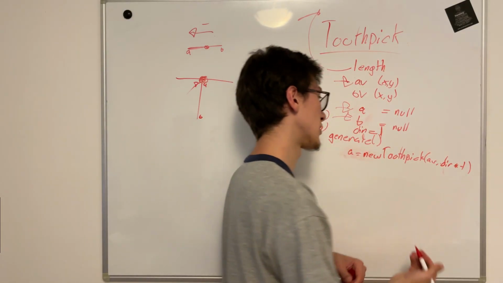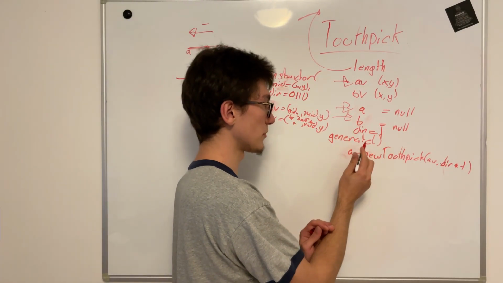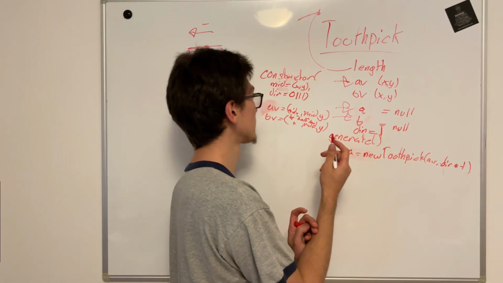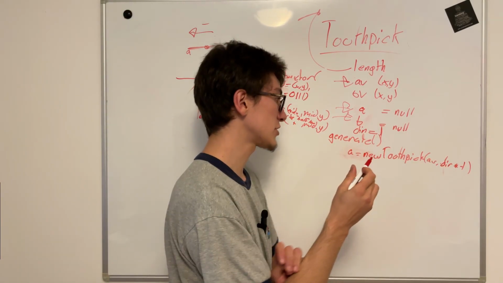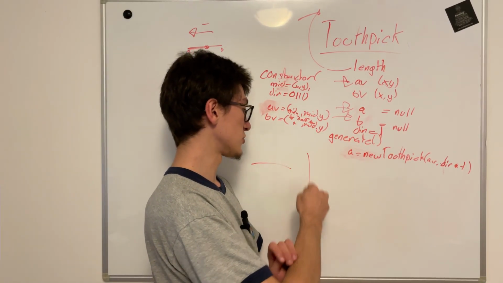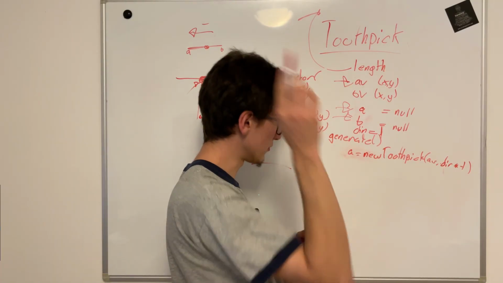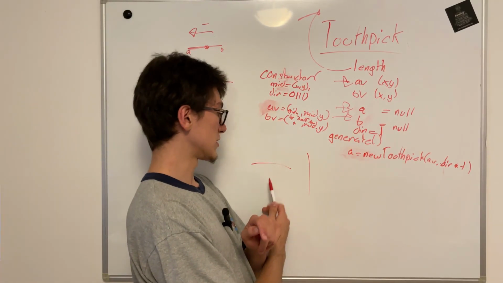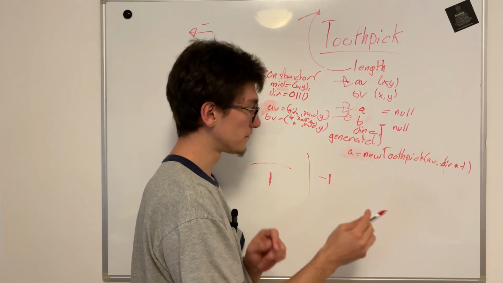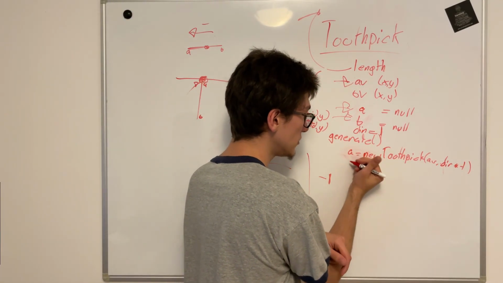So it would invert the direction. So direction is a good name. Direction is either 1 or -1. Let's say 1 is horizontal and -1 is vertical. So horizontal is 1 and this is -1. Great. And we do the same for B.